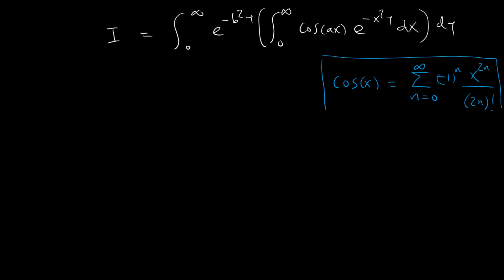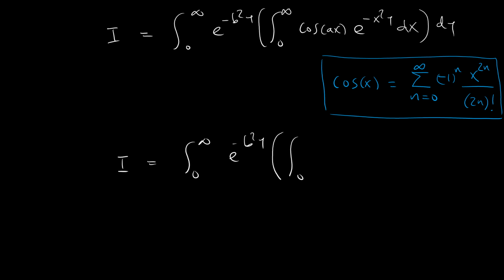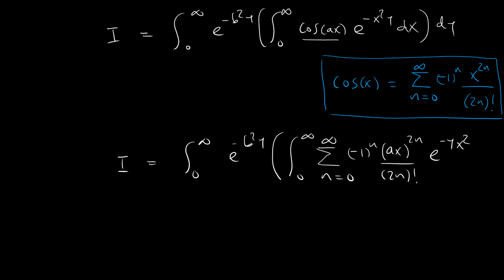So with that relationship, we can now go ahead and say that integral I is equal to, in place of cosine of x, summation from n equals 0 to infinity of negative 1 to the n, and here we have x to the power 2n over 2n factorial, e to the power negative y x squared, dx close bracket, and then we cap off with dy.